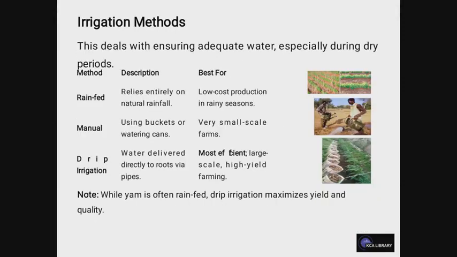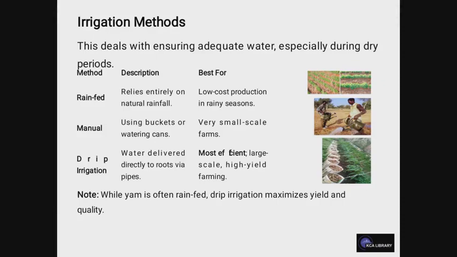Looking at the irrigation method, this is ensuring that adequate water is provided, especially during dry periods. We have methods: the rain fed, the manual method, and the drip irrigation.